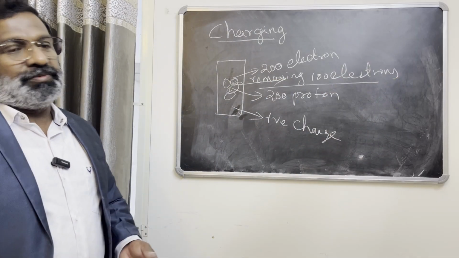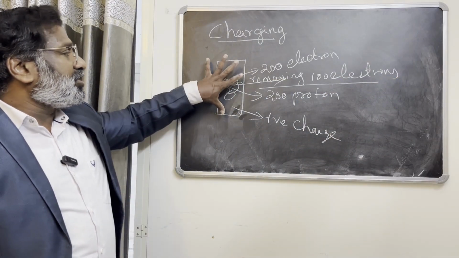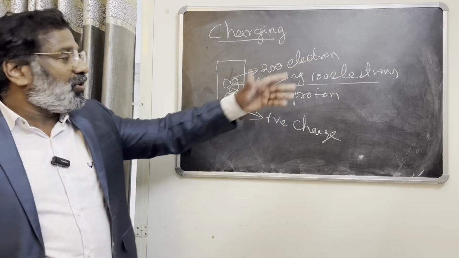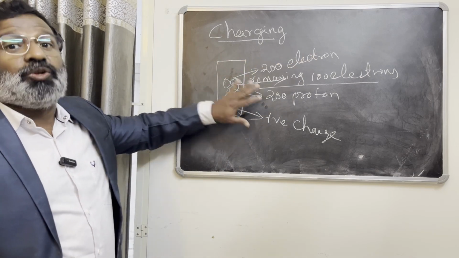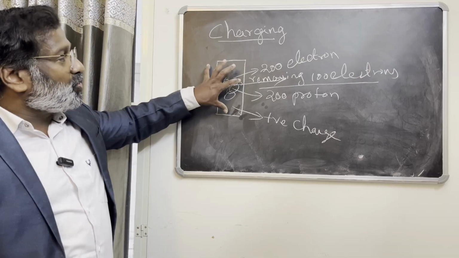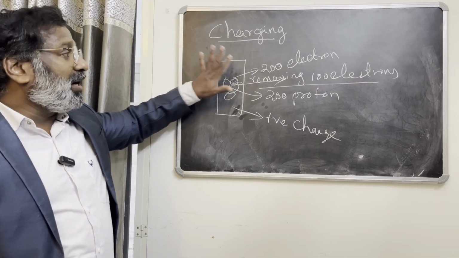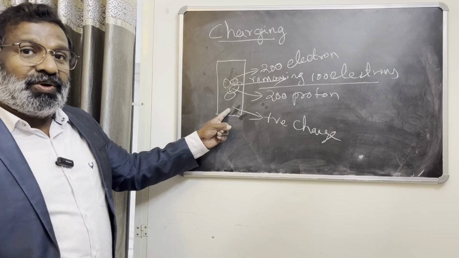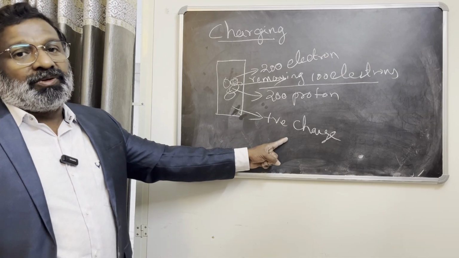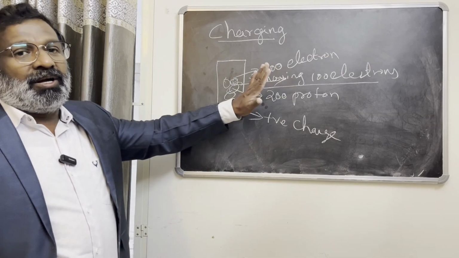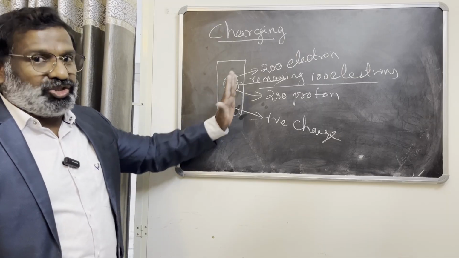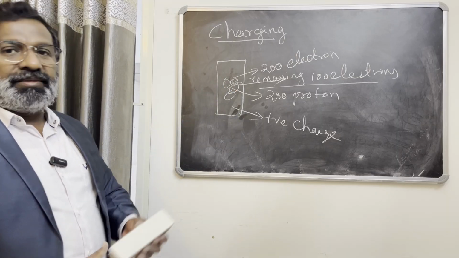Total number of electrons inside the body is now only 100 because 100 I have removed. Total number of protons is 200. So, what is the net charge now? Positive. So, if you remove electrons from a neutral body, it will become positively charged. Clear?